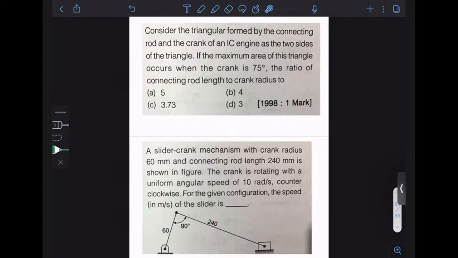Try this, everyone. Very beautiful problem. 3-4 more problems I'm going to do today.